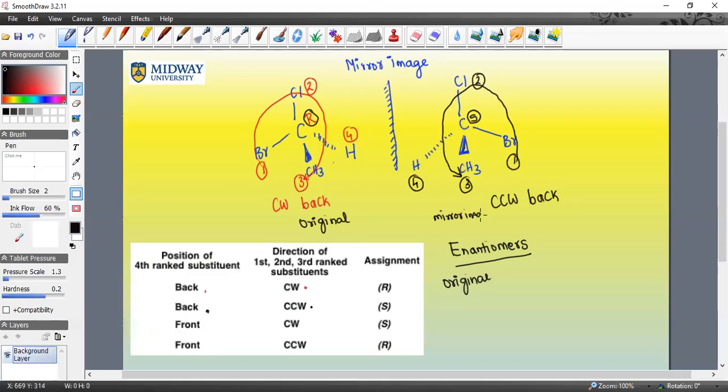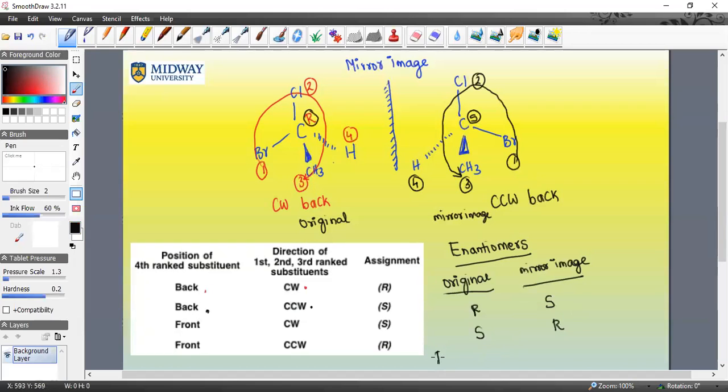If the original is R, and its mirror image is S, if whatever is R becomes S in the mirror image, these are called by a category of enantiomers. So if the original is S, the mirror image is R. These are all called enantiomers.